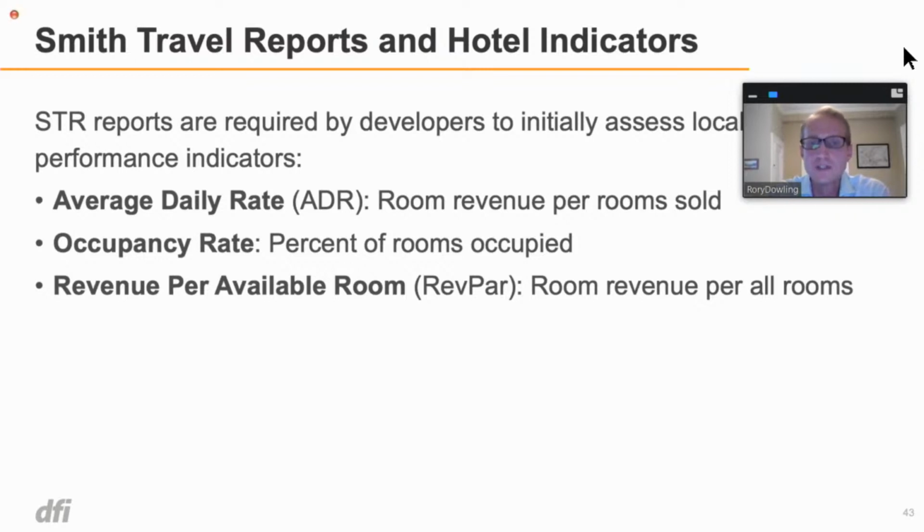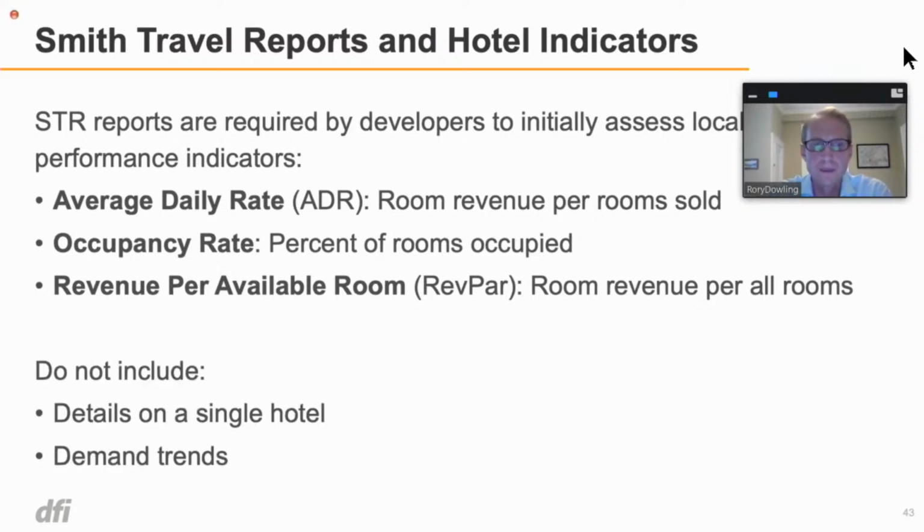Any developer that is going to be interested in developing a hotel in Salisbury is going to start with a Smith Travel Report to get a lay of the land, to identify how these performance metrics compare to comparable communities and to the rest of the state. What we're not able to zero in on is details for a single hotel.